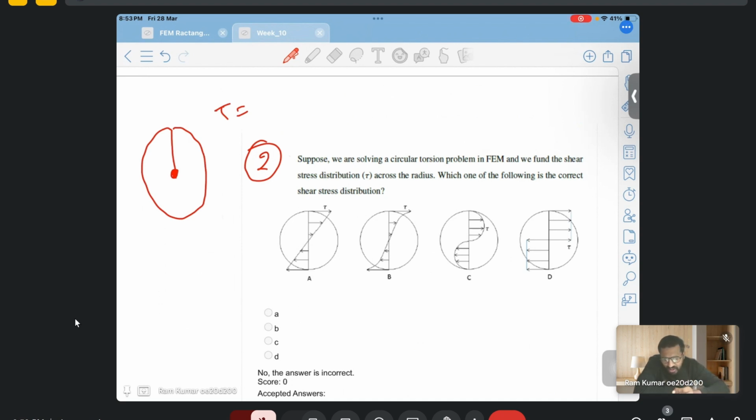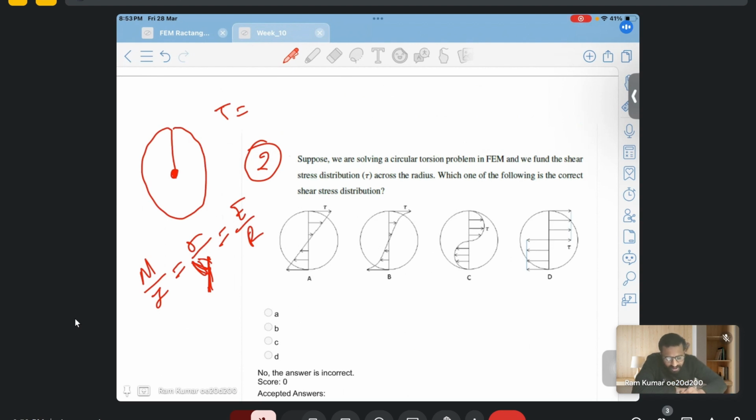What is the formula of torque? M by I equals sigma by y equals E by R. I want to find the shear stress.